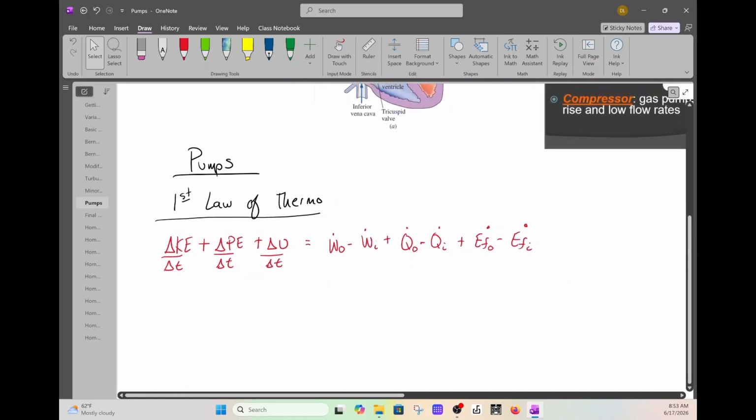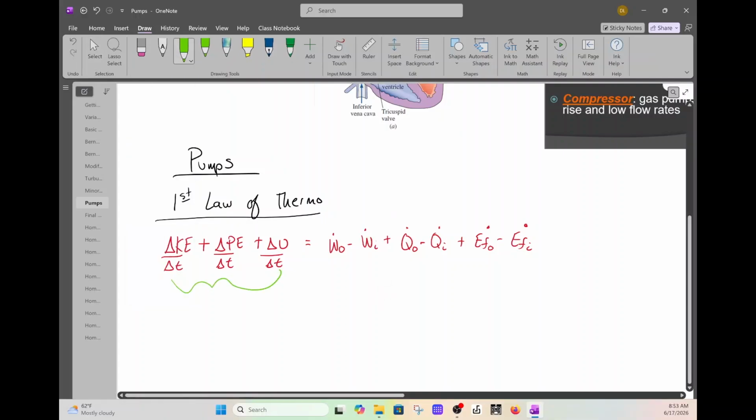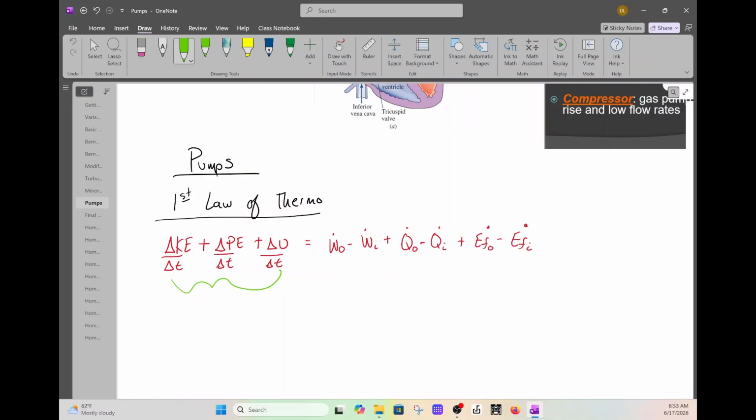Now, just to give you an idea, we're not going to get into too much detail, and I'm probably going to erase what I write here. But on the left, delta KE, delta PE, that's kinetic energy, potential energy, and delta U is your internal energy.